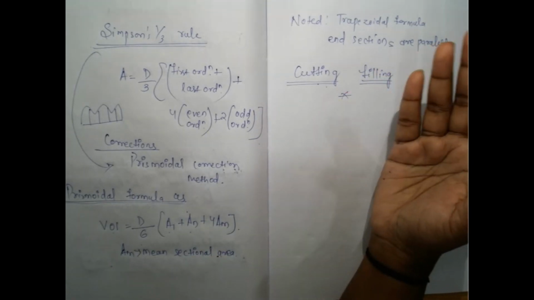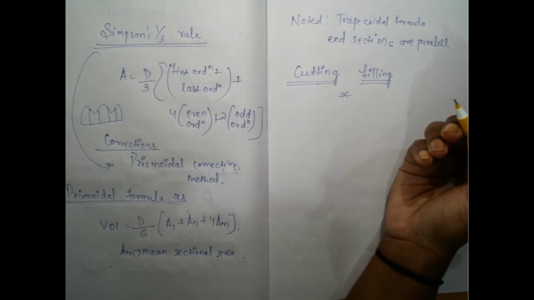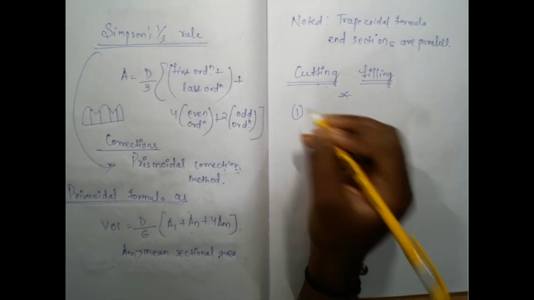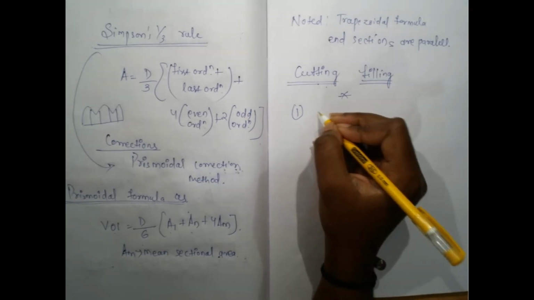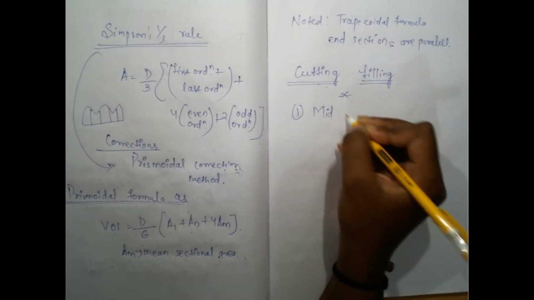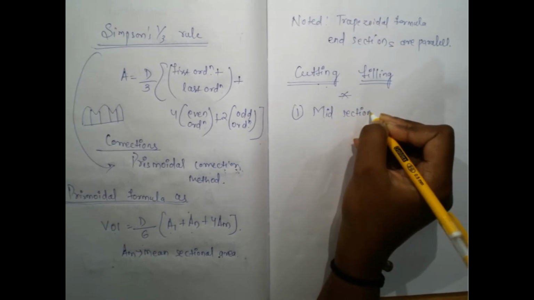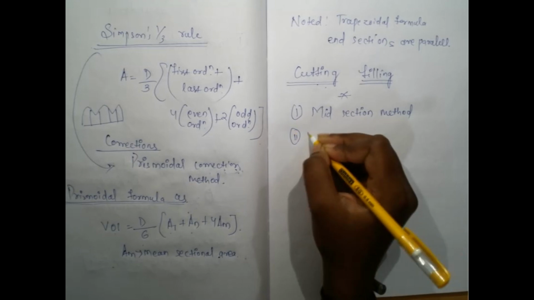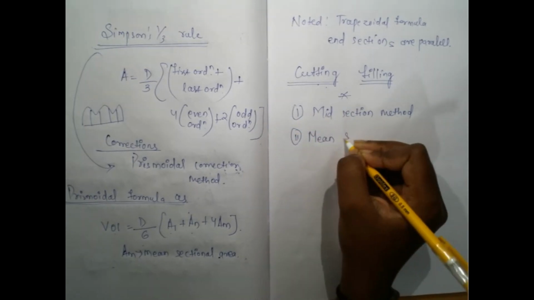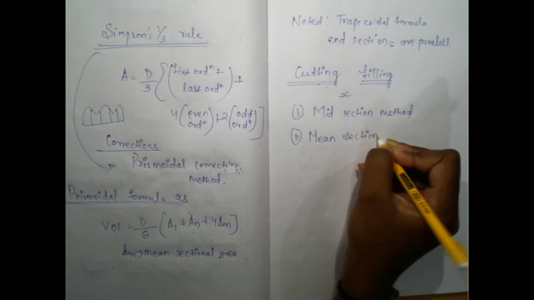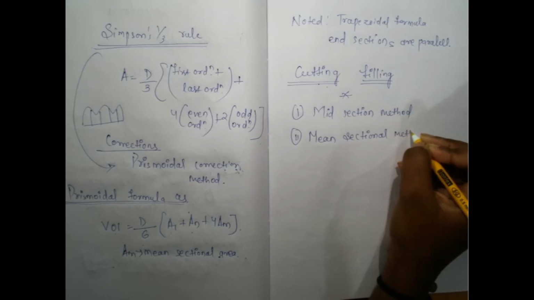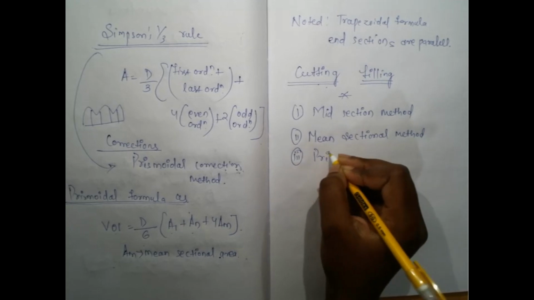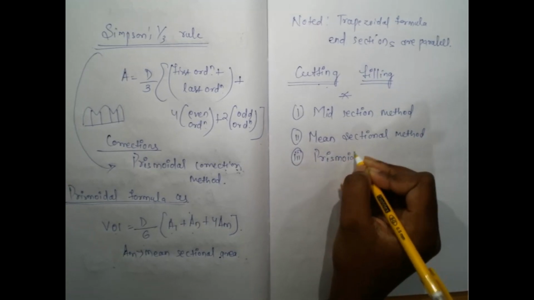Based upon these formulas we will do the estimation by taking three major tabular forms. One is the mid-section method, another one is the mean sectional method, and the third one is the prismoidal method.